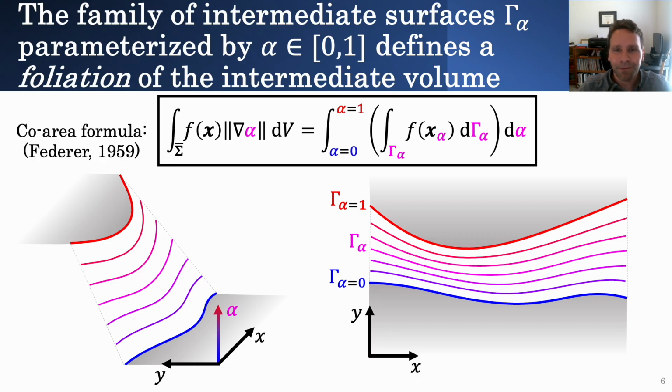So whether that volume becomes null or negative, it doesn't really matter. If I'm evaluating integrals in this iterated sense over the foliation of that domain, then that remains perfectly valid, even if I have a null or negative volume. So it will turn out to be the case that it's actually more appropriate to carry out any kind of integration over this intermediate domain as an equivalent iterated integral over the foliation of the intermediate domain.